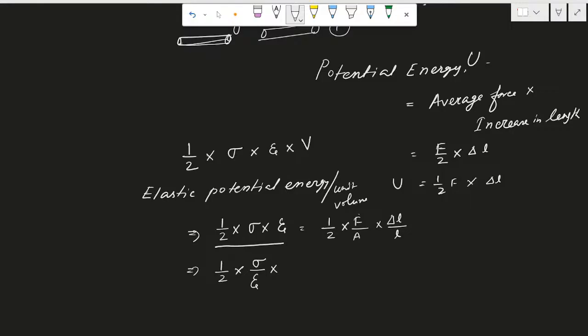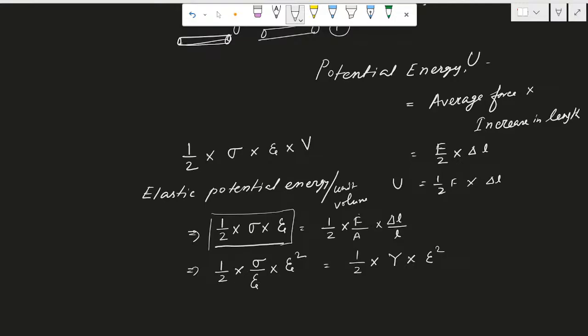Now I am doing a simple trick. Divided by epsilon, so I made this epsilon square, because I need to keep this quantity. So it becomes half into Young modulus Y into epsilon, that is strain square, okay.